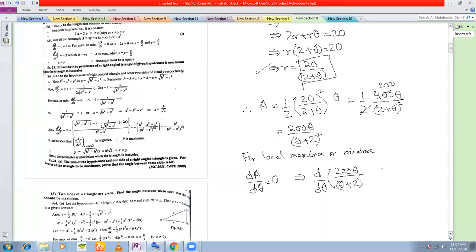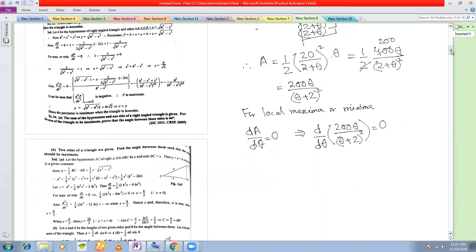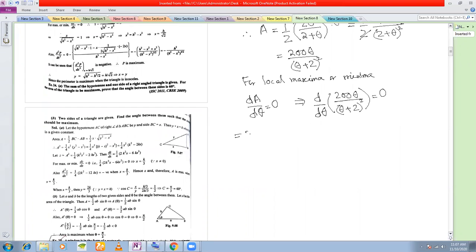This must be equal to 0. Now how will you differentiate this? First of all, take 200 out, so d by d theta of theta by (theta plus 2) whole square is equal to 0.